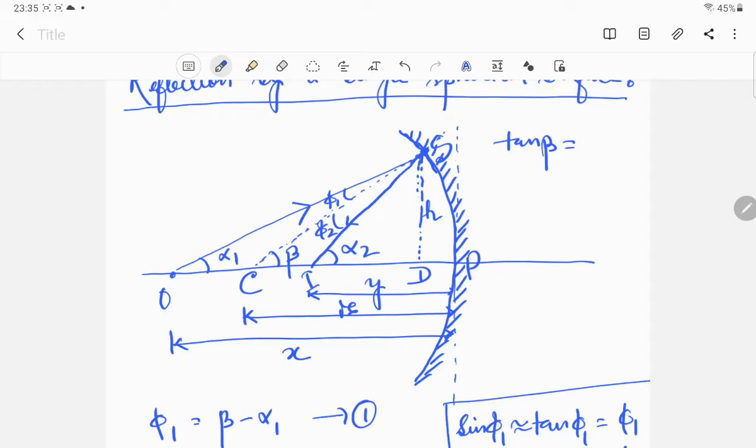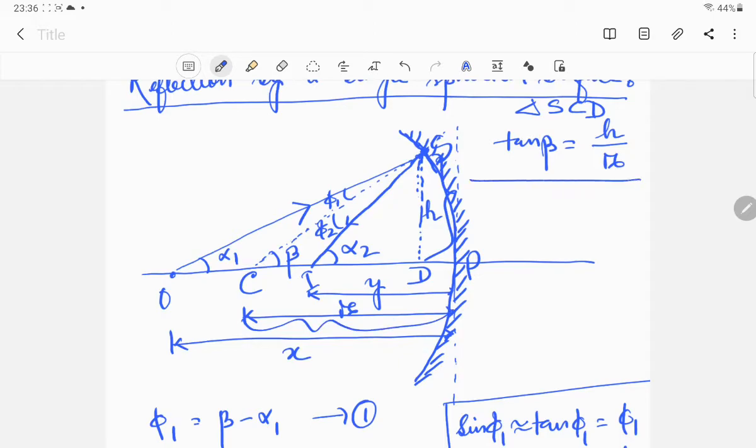Look at the diagram, tan beta. If I take the triangle SCD, tan beta is nothing but h by r, because h is the perpendicular, r is the base.